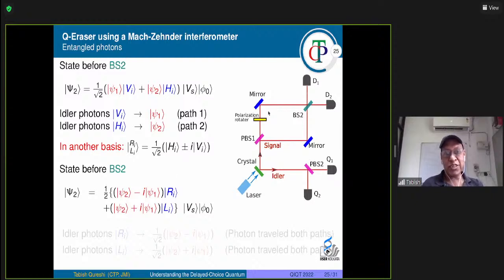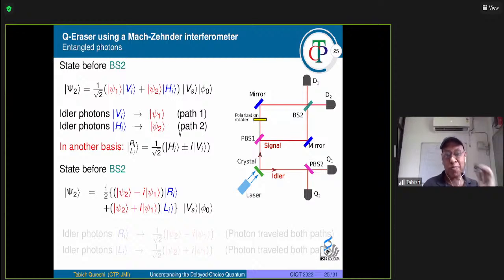Now before this signal photon reaches this second beam splitter, what is the state? The state is this. As I already said, for the idler photon, this vertical polarization will tell you that the signal photon followed path 1. Other possibility is that it followed path 2.